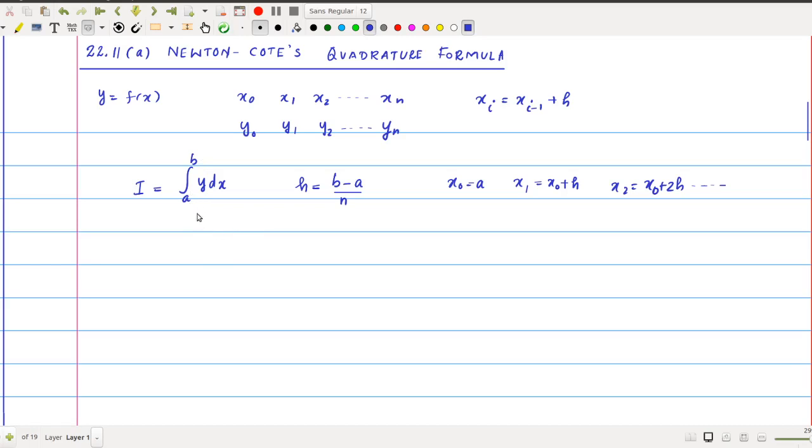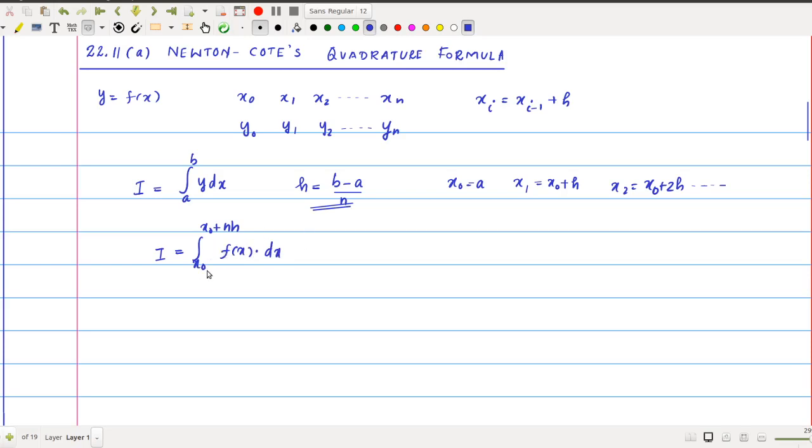That is the formula. In fact, this is derived using Newton's forward interpolation formula. If you write this as the integral from x0 to x0 plus nh, because from this relation you can get b is equal to a plus nh, and a is nothing but x0, this integral can be rewritten as the integral of f of x dx.